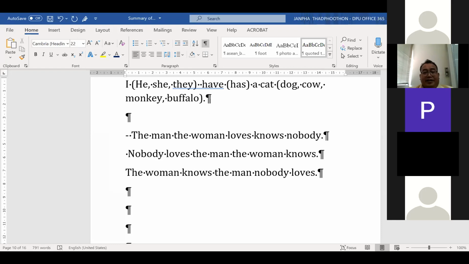You can see that when we rearrange the signs, the meaning changes. The meaning changes.